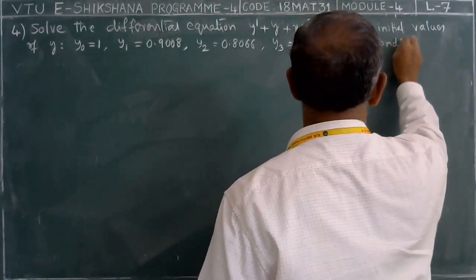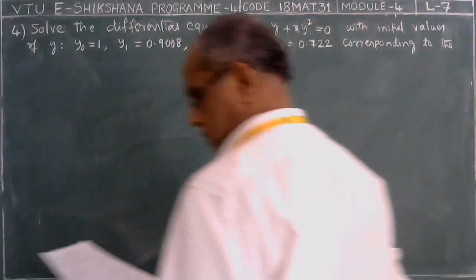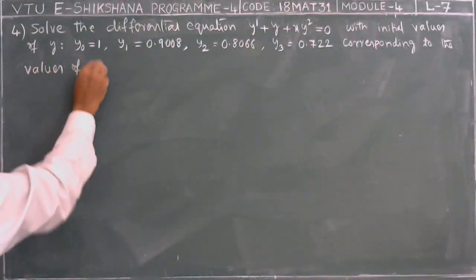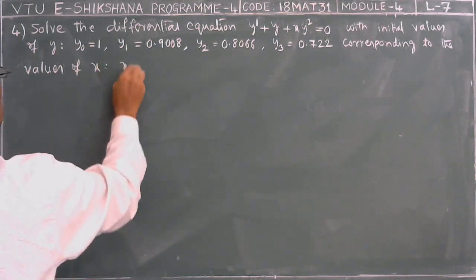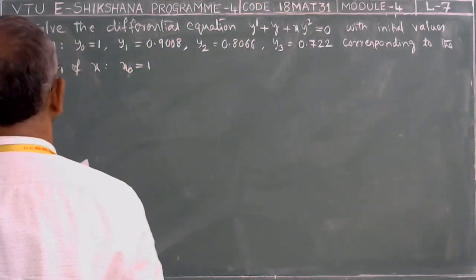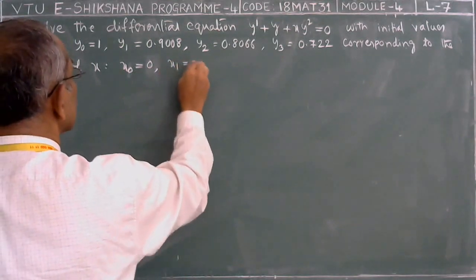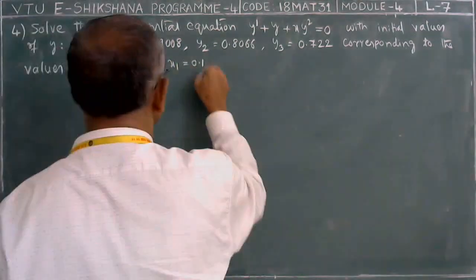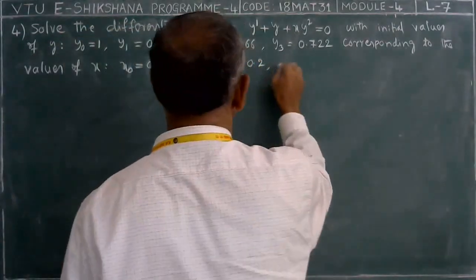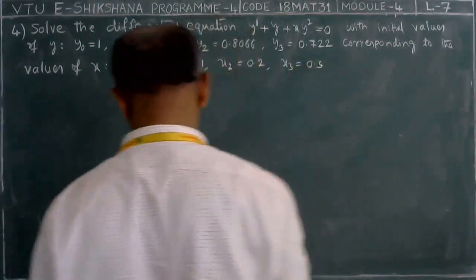corresponding to the values of x naught is equal to 0, x1 is equal to 0.1, x2 is 0.2, x3 is 0.3.